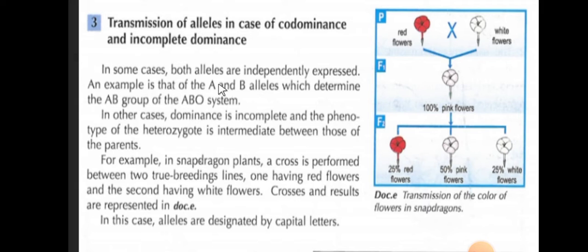Of course, one allele A was received from one parent and the other allele B from the other parent, for example the father. In other cases, dominance is incomplete and the phenotype of the heterozygous is intermediate between those of the parents.